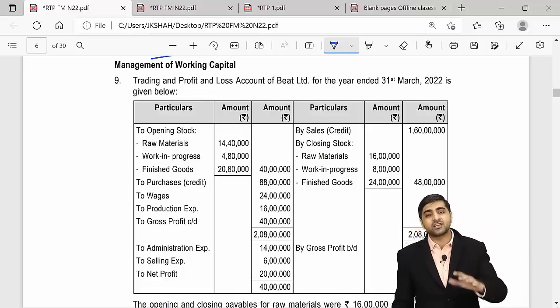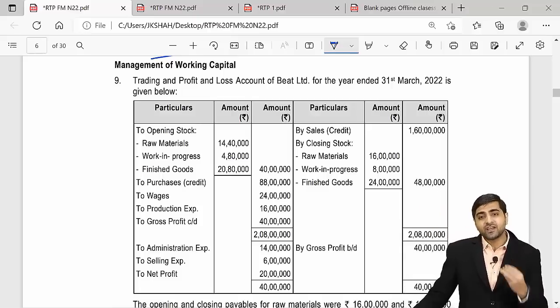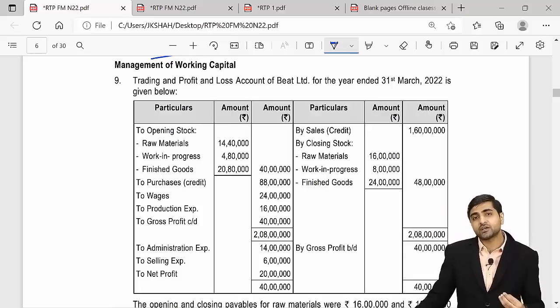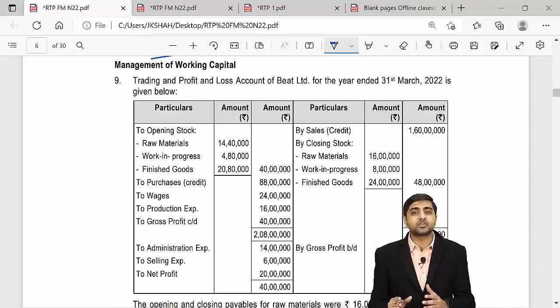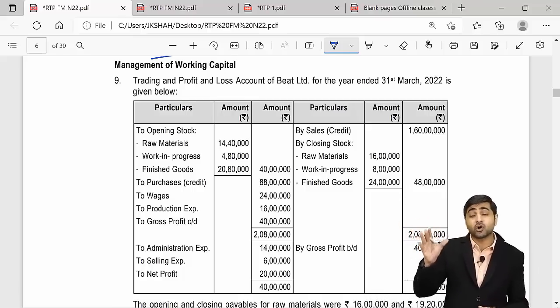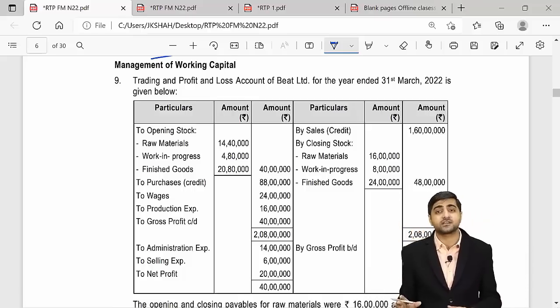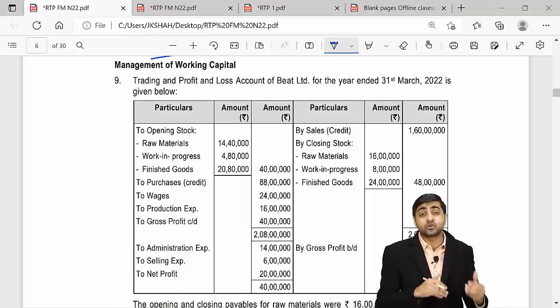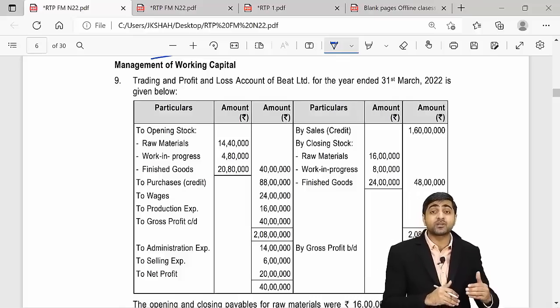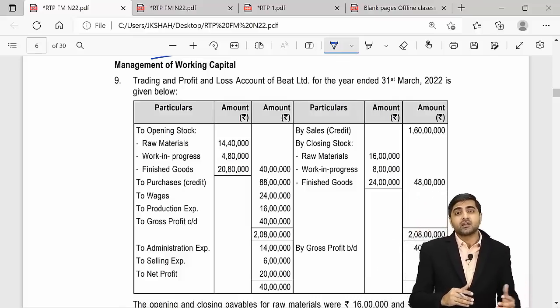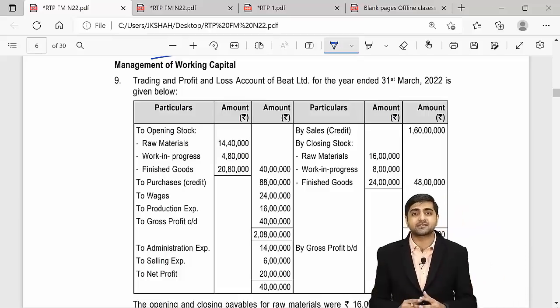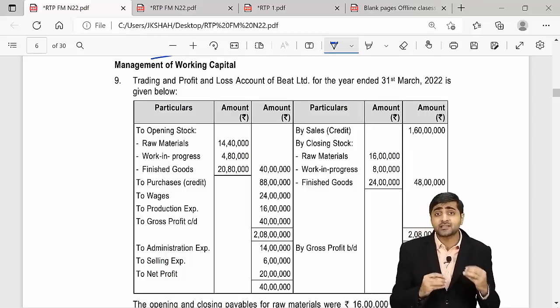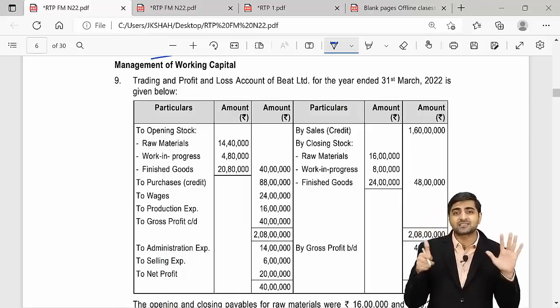Now just a quick revision, as you all are aware, whenever we need to make investment in working capital, first you need to check what is going to be your total annual operating cost, and also at the same time we should know what is going to be the time period for which the money will be blocked. Now let's say for example my total annual operating cost is 12 lakhs, and suppose my operating cycle duration is, let's say, 6 months.